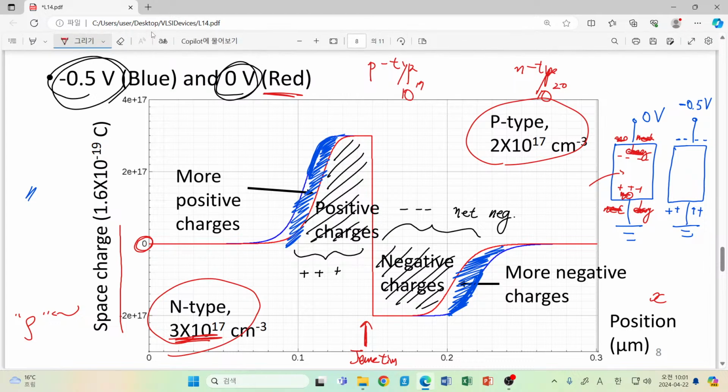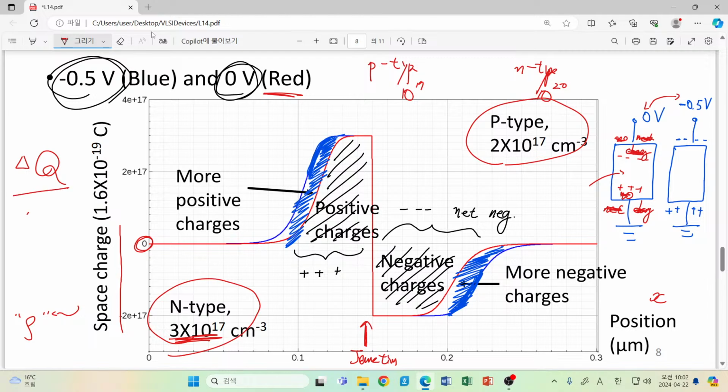What I wanted to say is, when we take the difference between 0 volt and minus 0.5 volt, additional charge is collected due to this additional voltage. So I'm not talking about the charge itself, but the difference of charge induced by what?